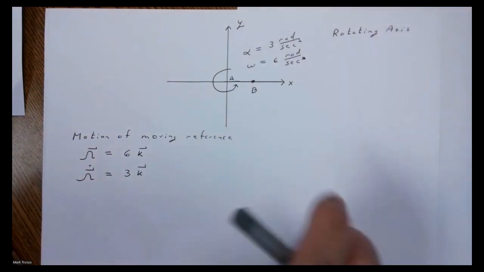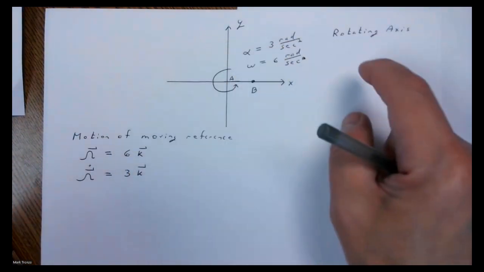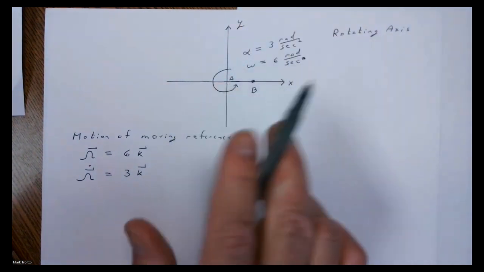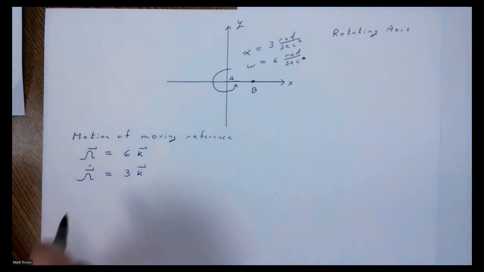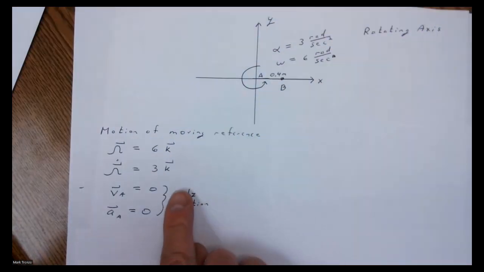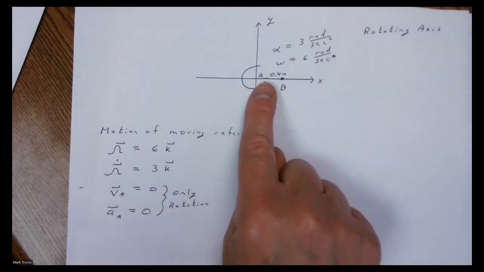Now, this is not translating. In other words, this main body is not moving horizontally or vertically or anything like that. It's just spinning about the z-axis. Now, again, we need the velocity of the center point. Once again, I called that A, but it's not translating.